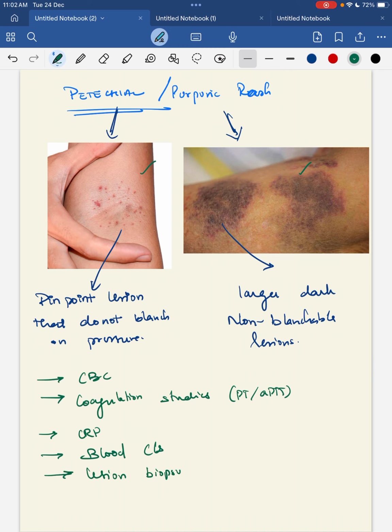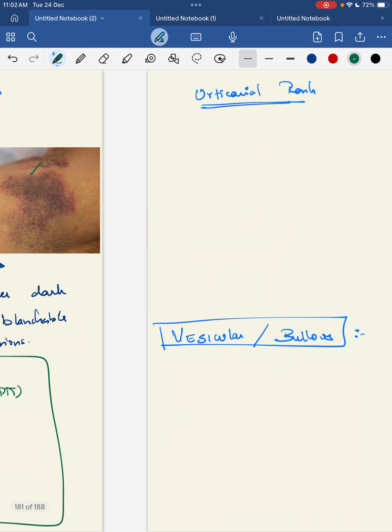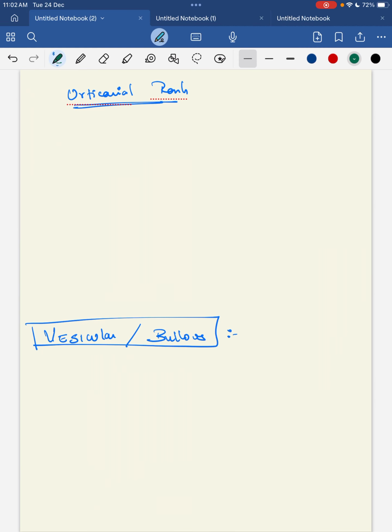While coming to bacteria, it will be like Mycoplasma pneumoniae and group A streptococci. And other causes can be drug reaction. It can also occur in child with HSP.